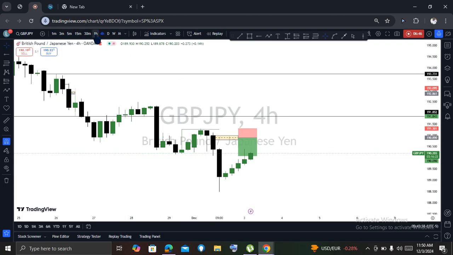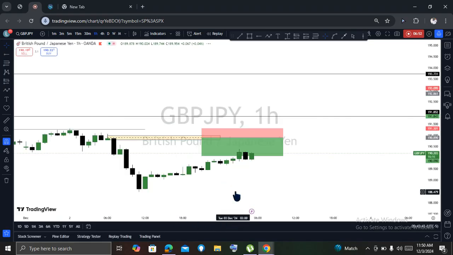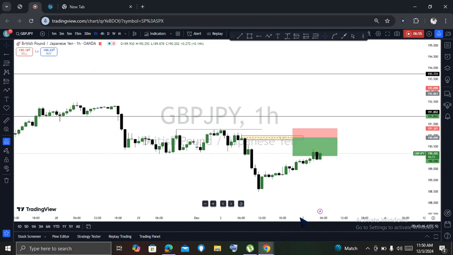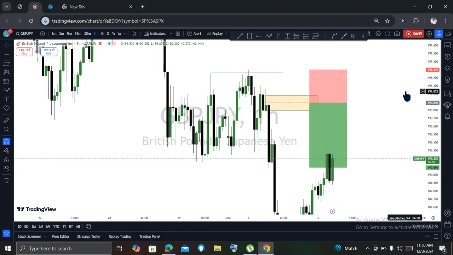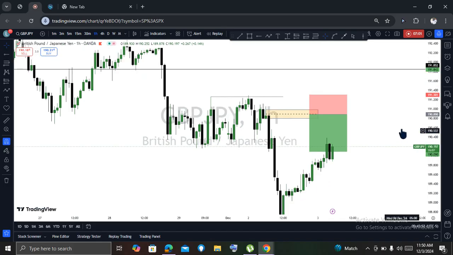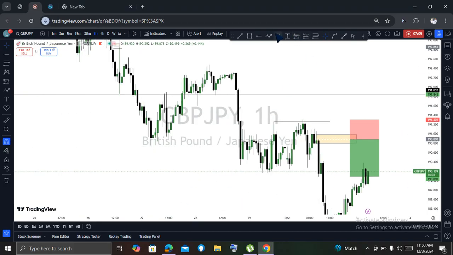So let's dive into the main focus. Let's go to the 1 hour. So we could see around this area, just exactly what's happened around this area, that the market will do something like this, then continue to the downside.